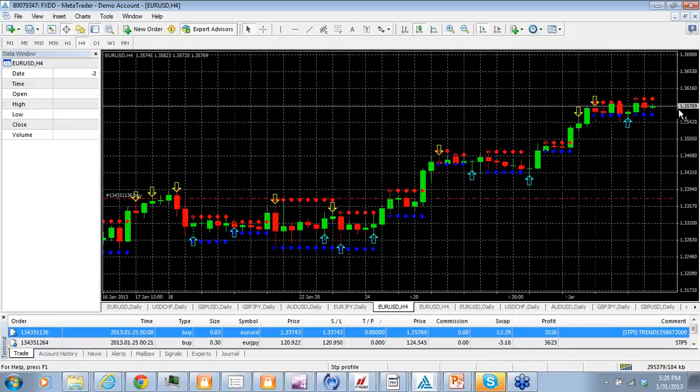So we have a few more bars to form, and then we'll be in our trailing stop, and we can move our stop from break even to potentially into some profit. So we'll watch that as price continues to unfold.